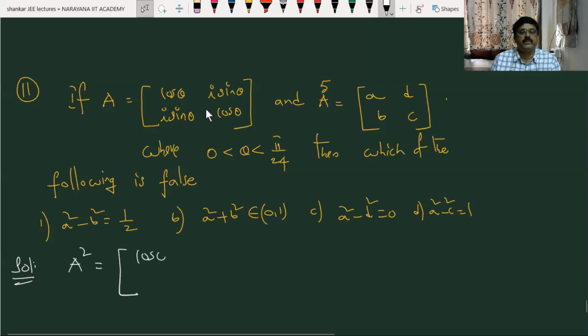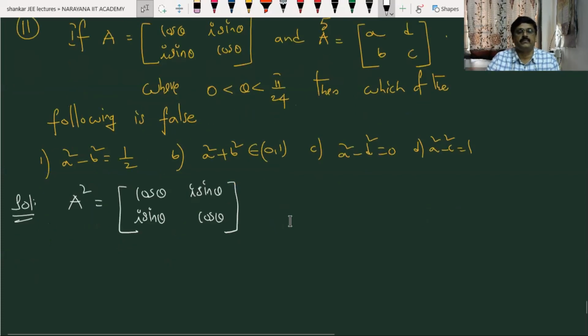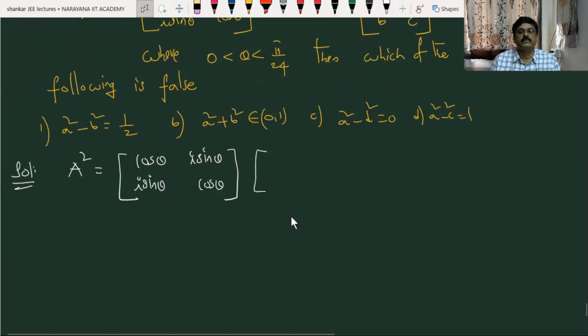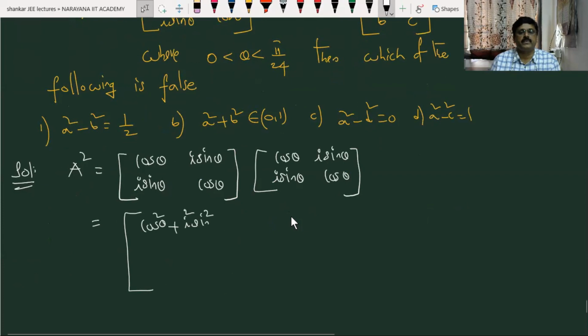Okay. First of all, let us find A square. A square will be the matrix [cos theta, i sin theta; i sin theta, cos theta] into again the same matrix. You know already, two matrices can be multiplied using row by column operation. So it will be what, students? Cos square theta plus i square sin square theta.